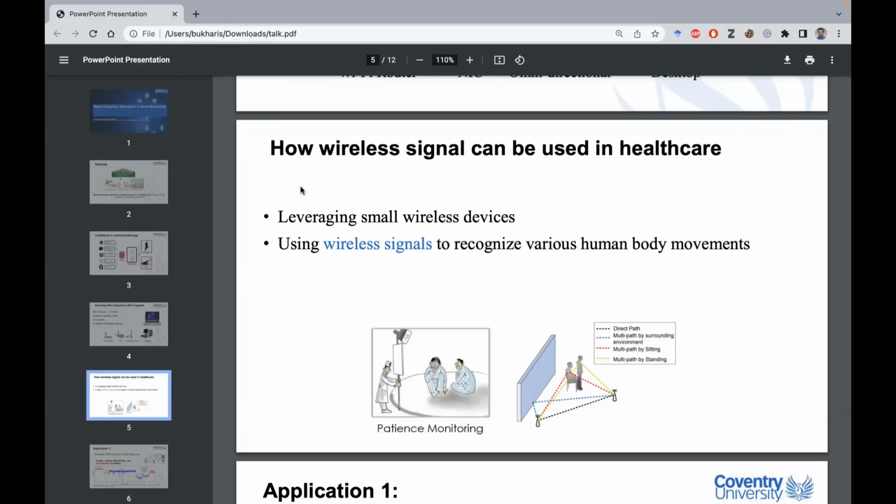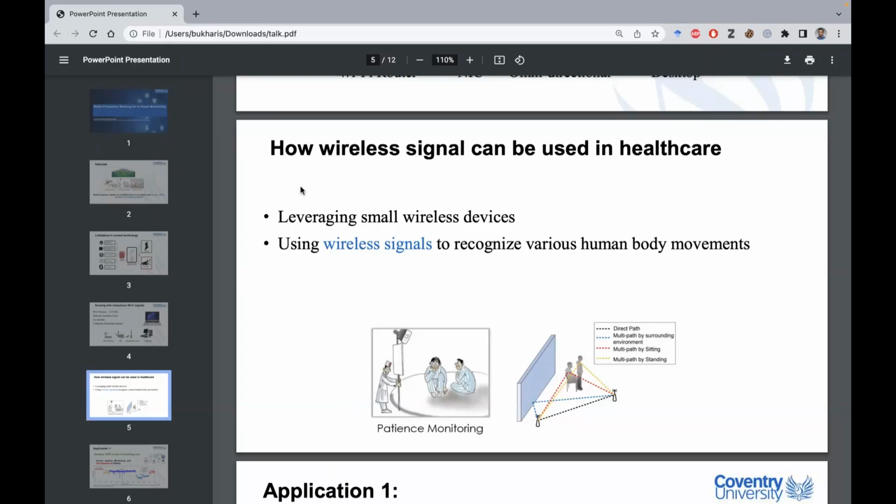But as the person moves from sitting position to standing position, the signal propagation path changes, and the received signal also changes. The one in black and blue will remain the same, and as the person transits from sitting to standing position, the red signal becomes blue, because the signal propagation path changes.